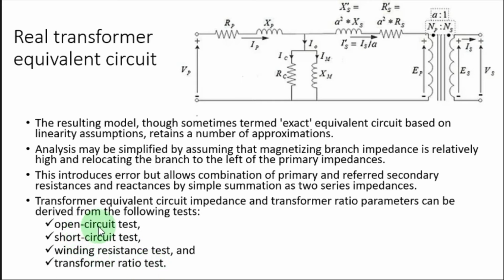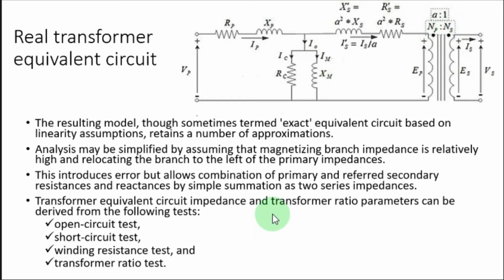Basically, open circuit test will give us these core parameters RC and XM. Then short circuit test will give us RP, XP, the winding resistance and the leakage reactances of primary and secondary. And then the winding resistance test can also measure the winding resistance, and the transformer ratio test will give us the A value, the NP over NS value.